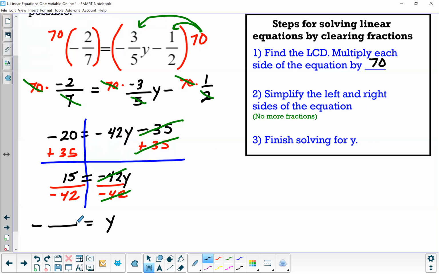So we have a common factor of 3. I'll do the work off to the right. 15 over 42, divide 15 by 3, divide 42 by 3. So that's going to give us 5 over 14.